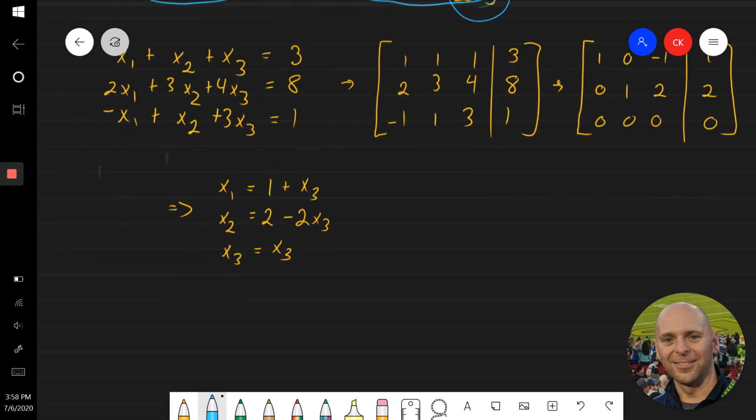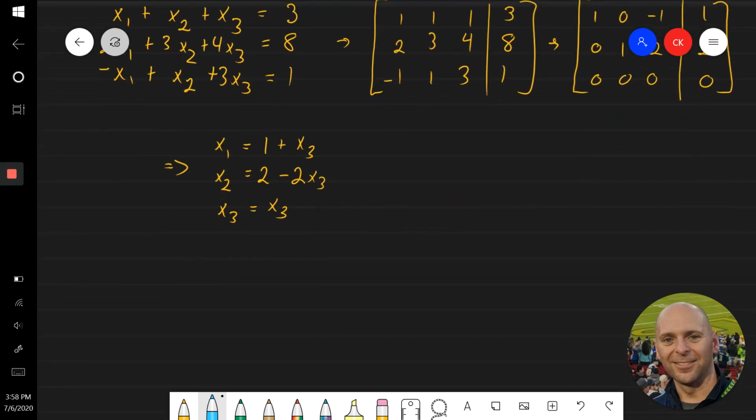If we wanted an example, we could just pick one. Any example would do. Let's take x3 equal to 0. That implies x1 is equal to 1, and x2 is equal to 2.